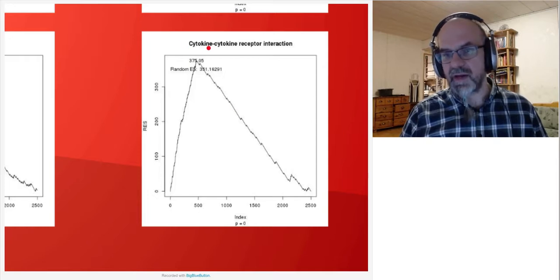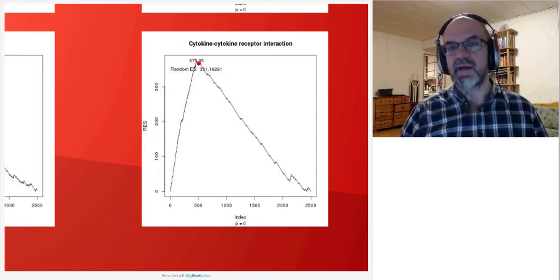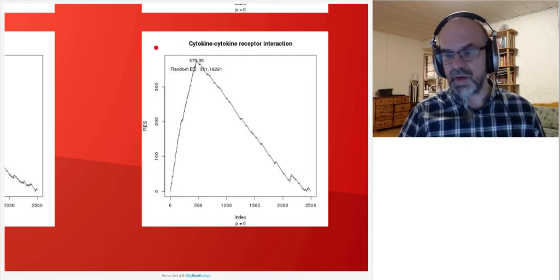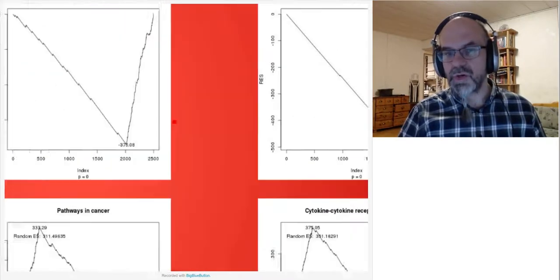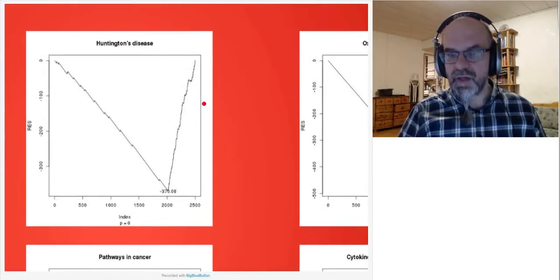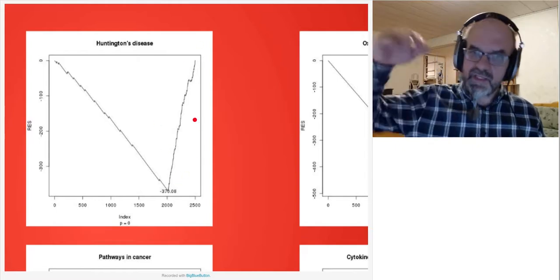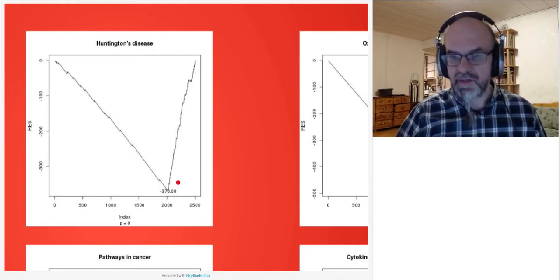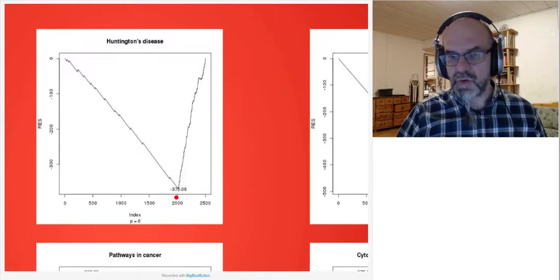That's why you can see a definite peak in the positive region. On the contrary, when most of the genes are associated with mostly downregulated genes, which is the bottom of the list or right hand of the x-axis, you will have a very deep valley, and the enrichment score will be negative.